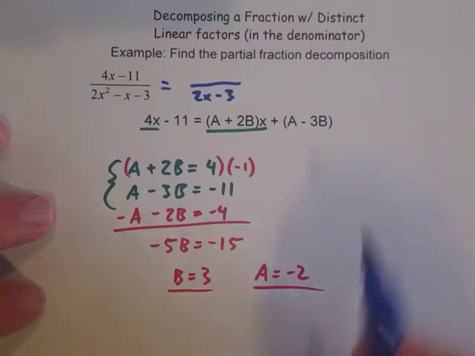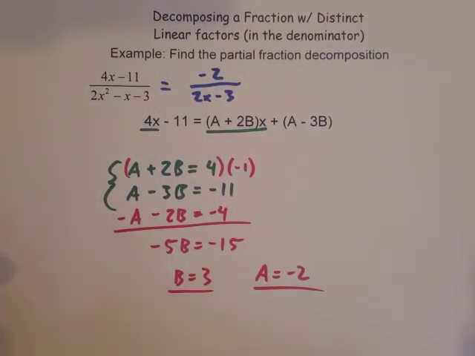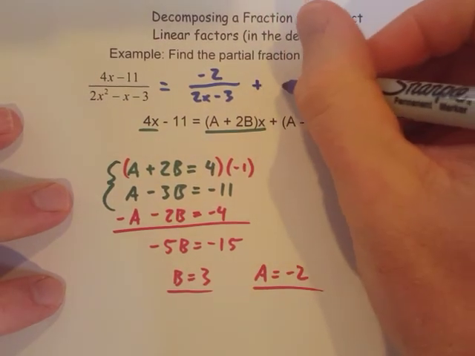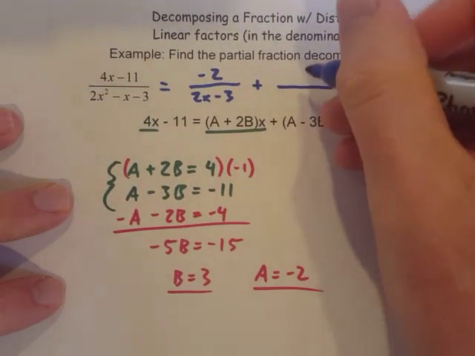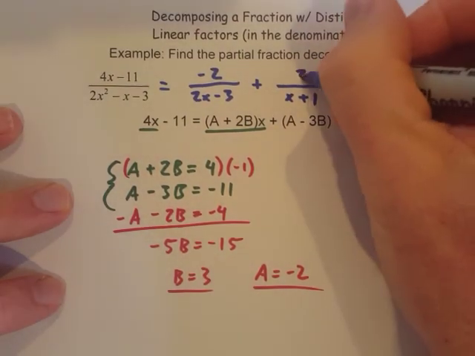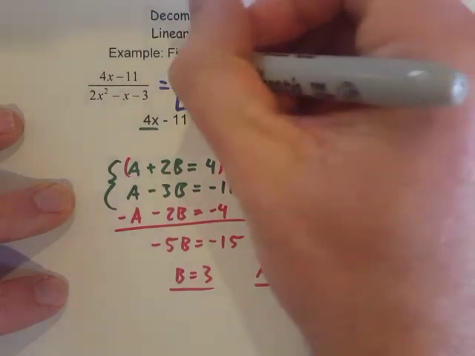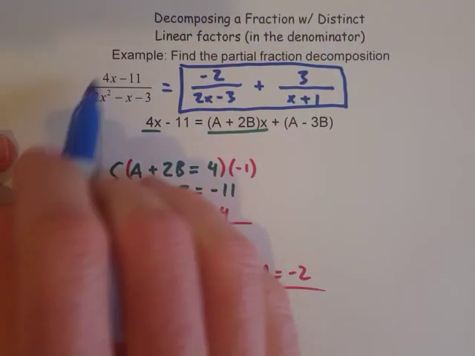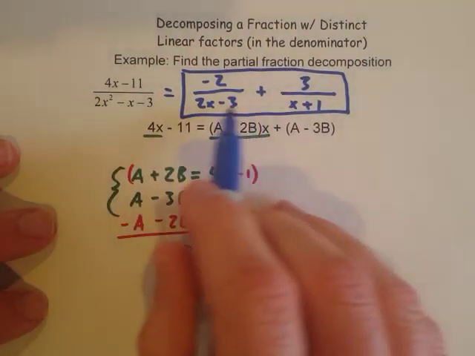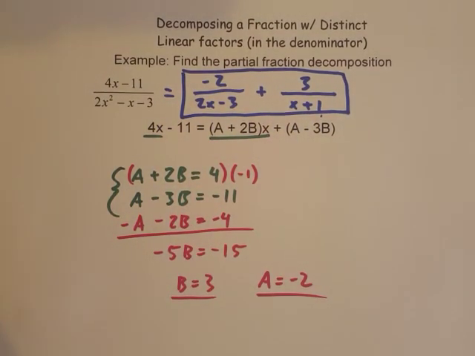The a that we found was negative 2, so it'll be negative 2 over 2x minus 3. And then plus b over x plus 1. And our b here was 3, and so that's our second fraction. So this now is what we were trying to accomplish. We split up this more complicated fraction into two less complicated fractions using this partial fraction decomposition.